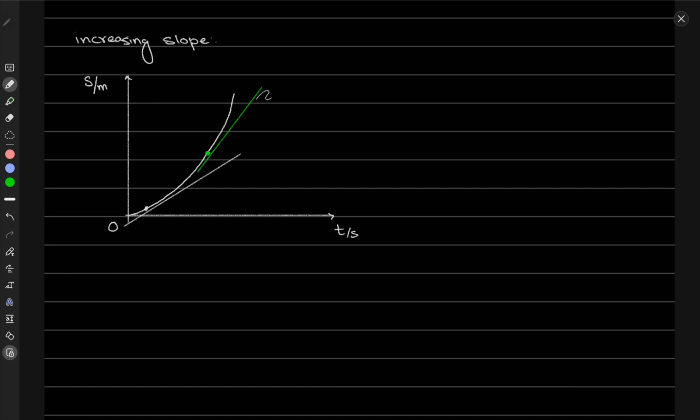Now, when the slope is increasing, this means that the velocity of my object is increasing with time.